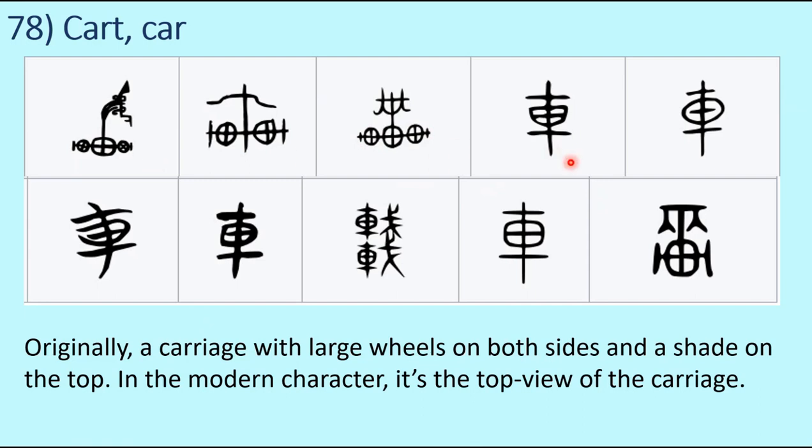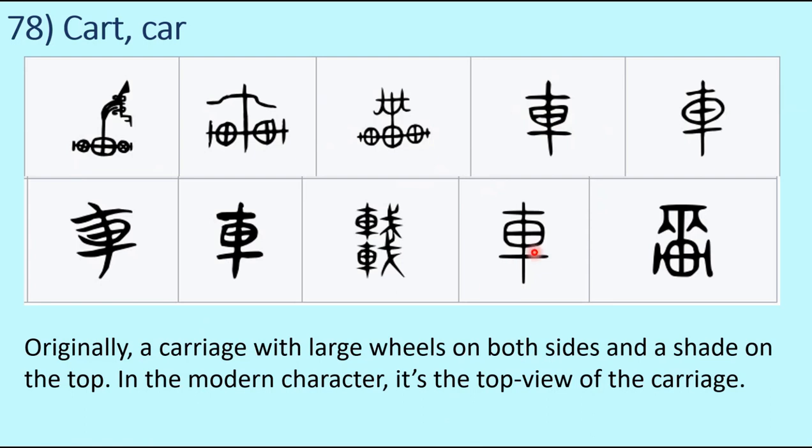So in this way, up till here, we see it like this, these three figures. Then here we have the top view. Now this is the top view of the shade, and this is the top view of the wheels on both sides of the cart. So did you get it, friends? So this is the top view. This was the front view. Now this is the top view. So from this, the modern character has evolved, and it's the top view of the carriage.